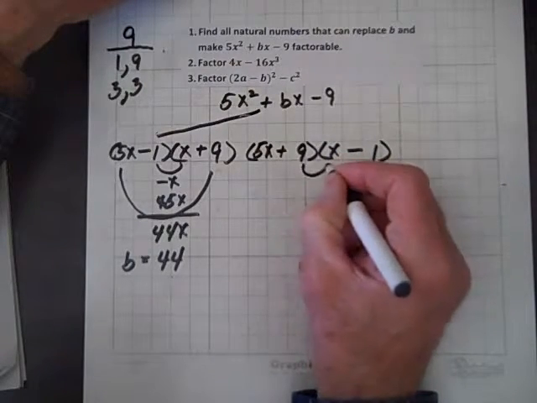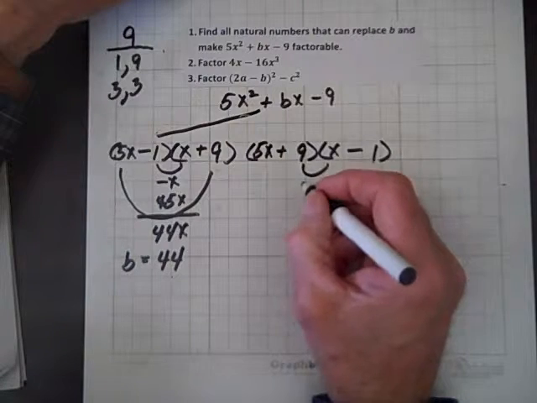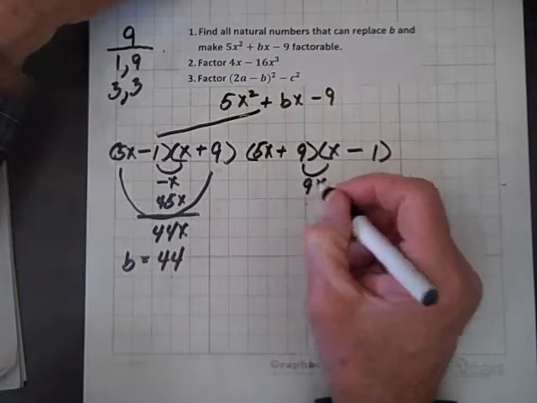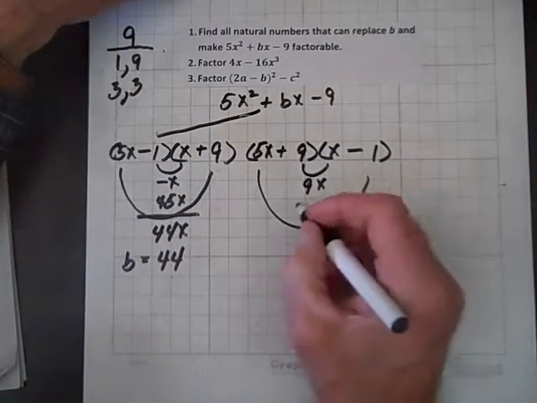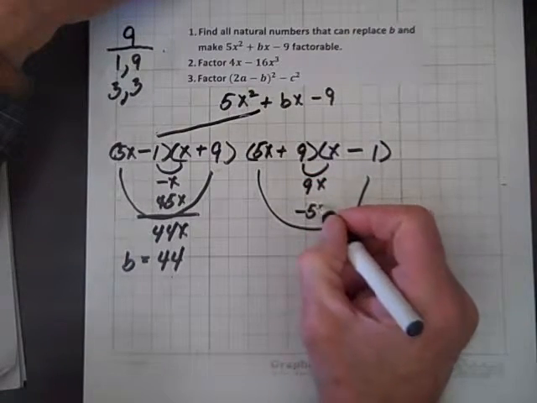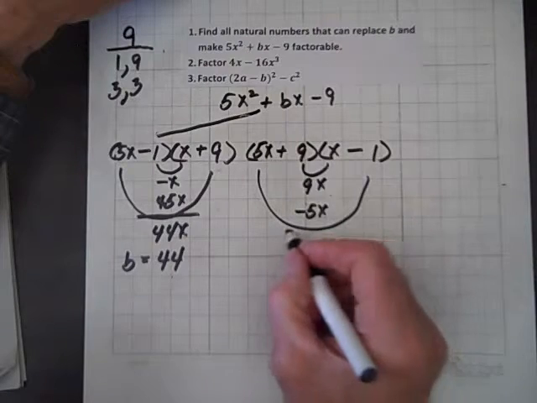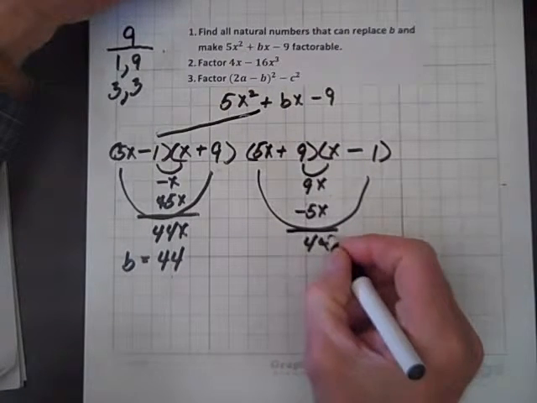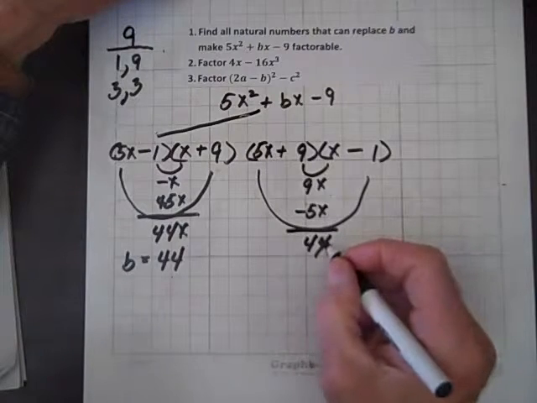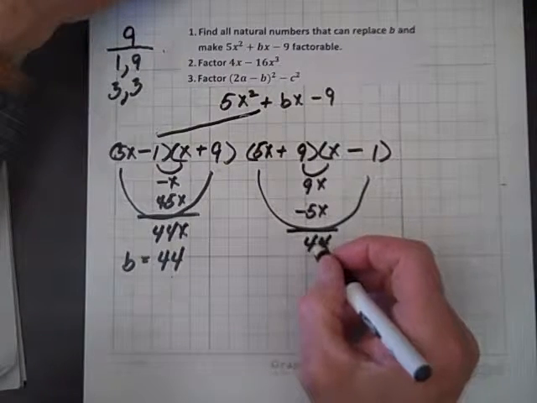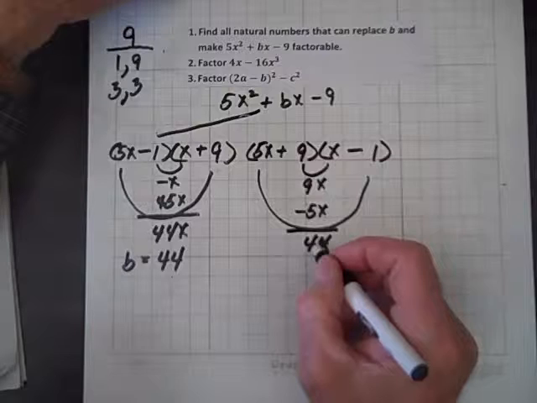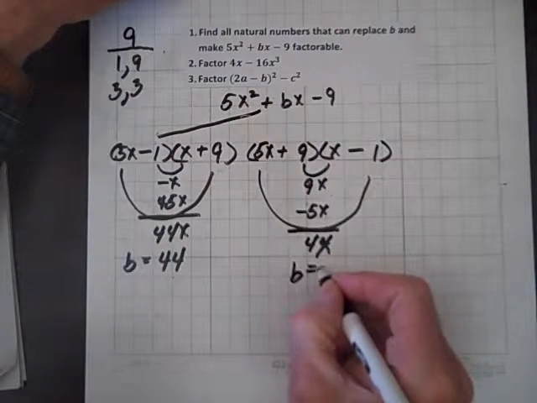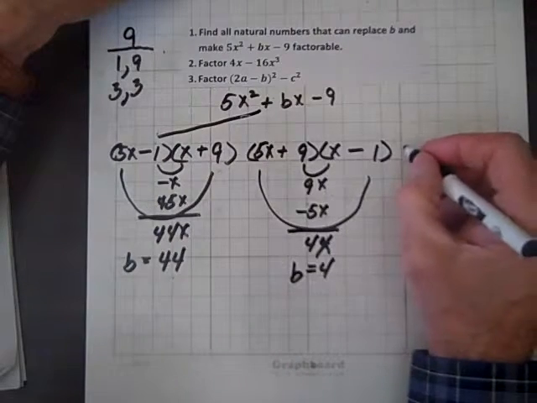So we want to check the product of the inside terms, which is 9x, and the outside terms, which is negative 5x. And this sum, which is a difference, gives us 4x. And 4 is a natural number, so b equals 4 in this case.